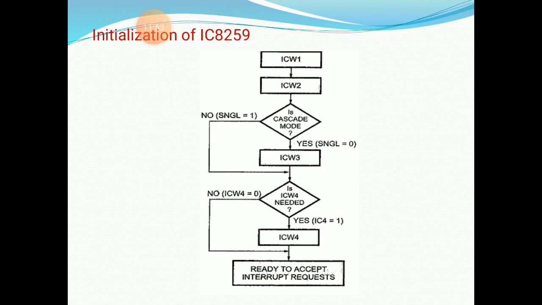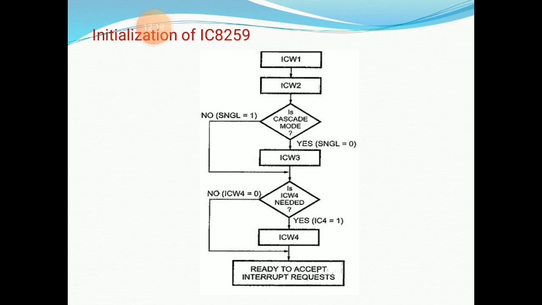In the ICW1 format, one bit belongs to the cascade mode of operation. That is called single mode or cascade mode, SNGL. If SNGL equals 0, next go to ICW3. If SNGL equals 1, skip ICW3. So you can skip ICW3 depending upon the SNGL, that is single mode.